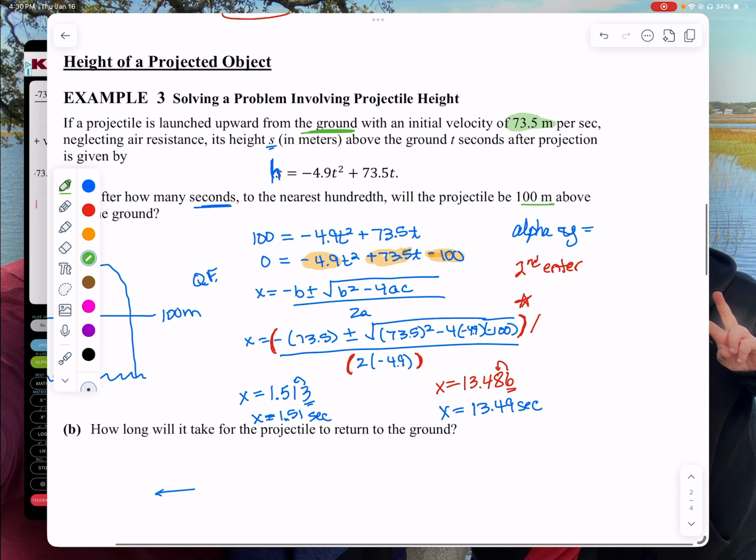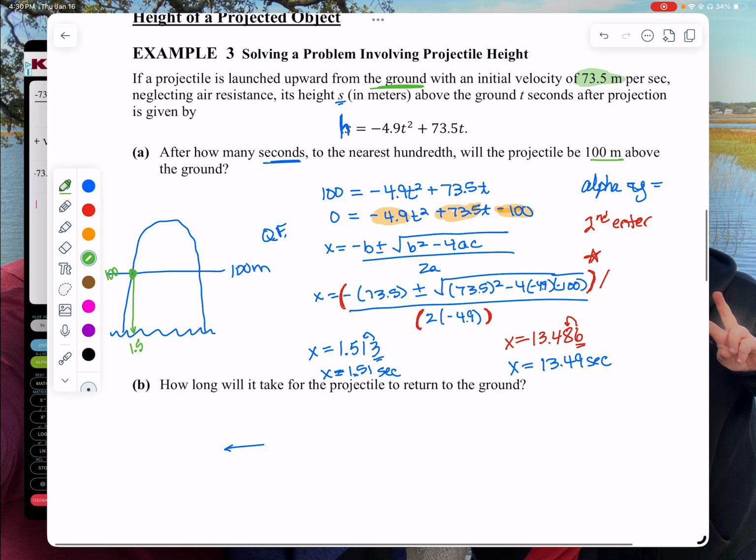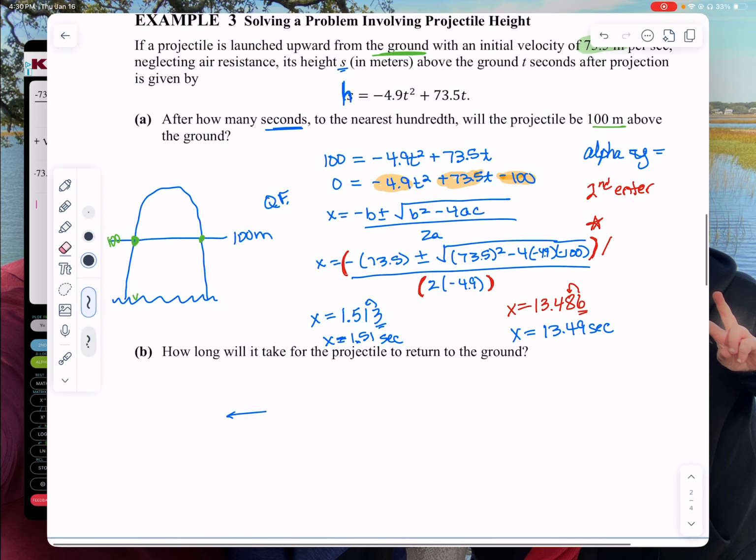So you're going to throw it, and then at about 1.5 seconds, it's going to be at 100 meters, and then it's going to keep flying, and then it comes back down at about 13.5-ish seconds, which is when it's going to hit that 100 meters. Then it'll finally hit the ground. So it makes sense that we actually have two places where that thing is going to hit 100 meters.